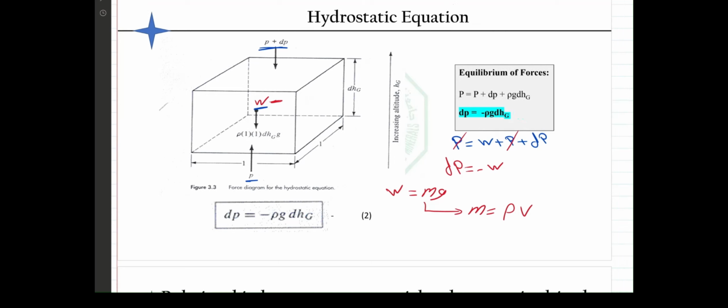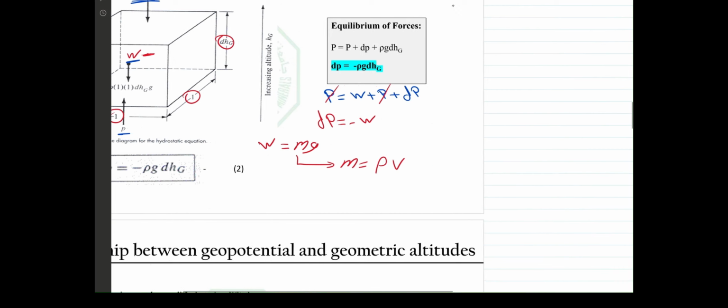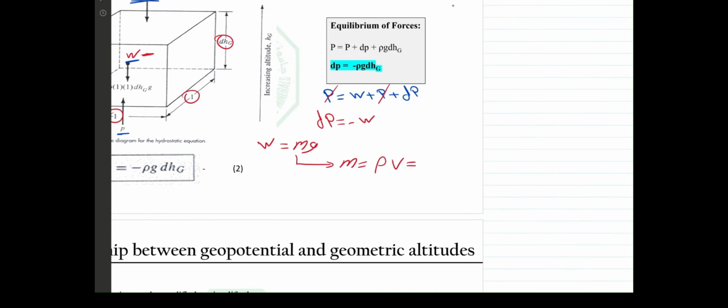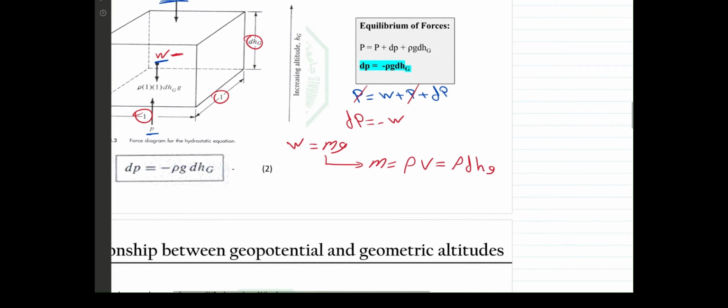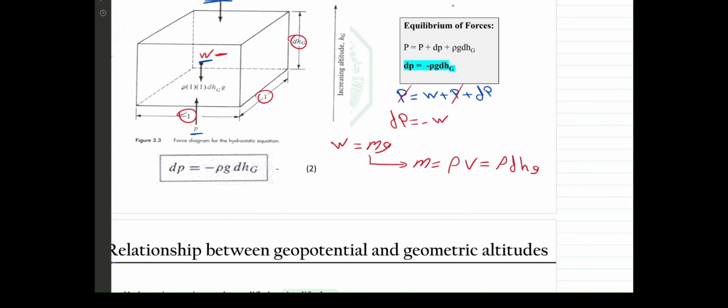Our volume in this case is 1 by 1 by dHg.